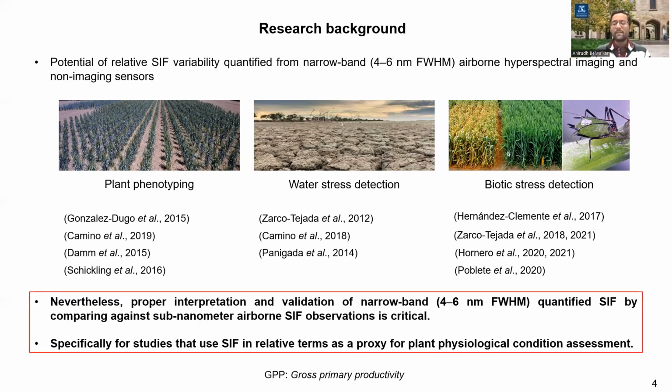Nevertheless, proper interpretation and validation of such narrowband SIF estimates are required through comparison against sub-nanometer airborne SIF observations. This assessment is critical, especially for studies that use SIF in relative terms as a proxy for assessing the plant condition.